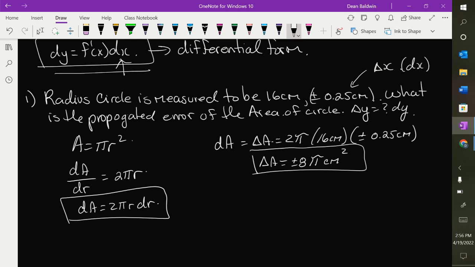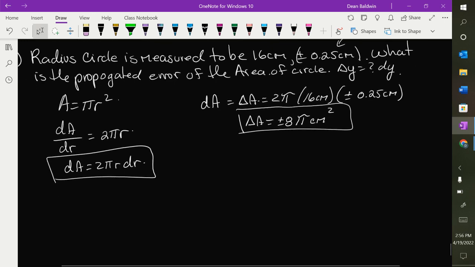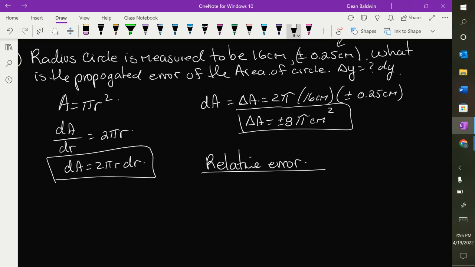So it's a big error. Now, what is that in terms of percentage? If you want to measure the percentage or the relative error, the relative error is going to be the delta A, or we'll call it dA, the propagated error, divided by what the actual area of the circle is. dA, we determined over here, is 2 pi r dr. Area of a circle is pi r squared.